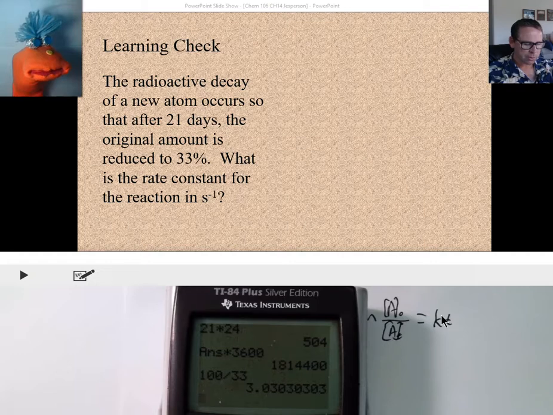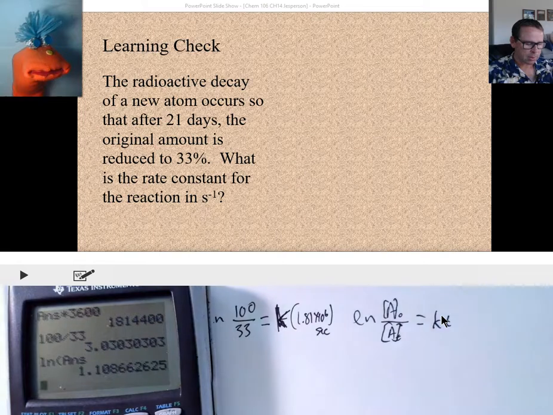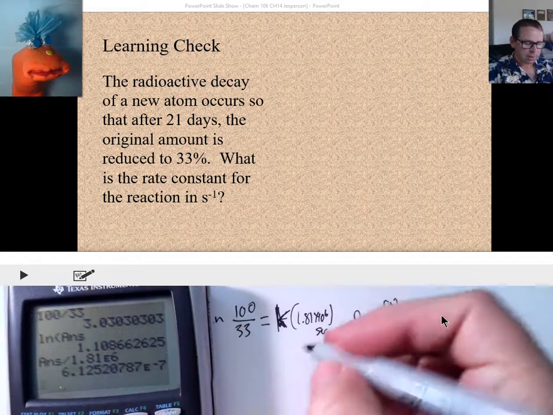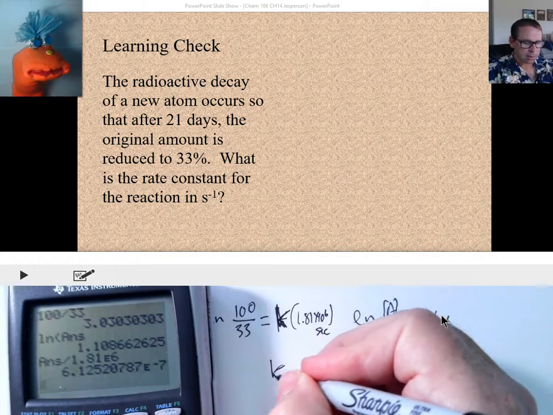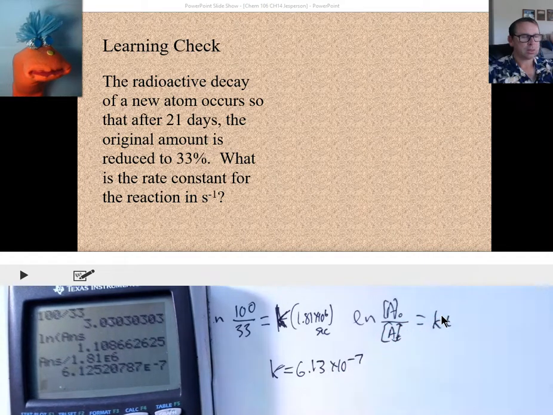Do 100 over 33 first. Natural log of that value, 1.1. And then we're dividing it by 1.81 times 10 to the 6th. All right, so we got k having a value of 6.13 times 10 to the minus 7.